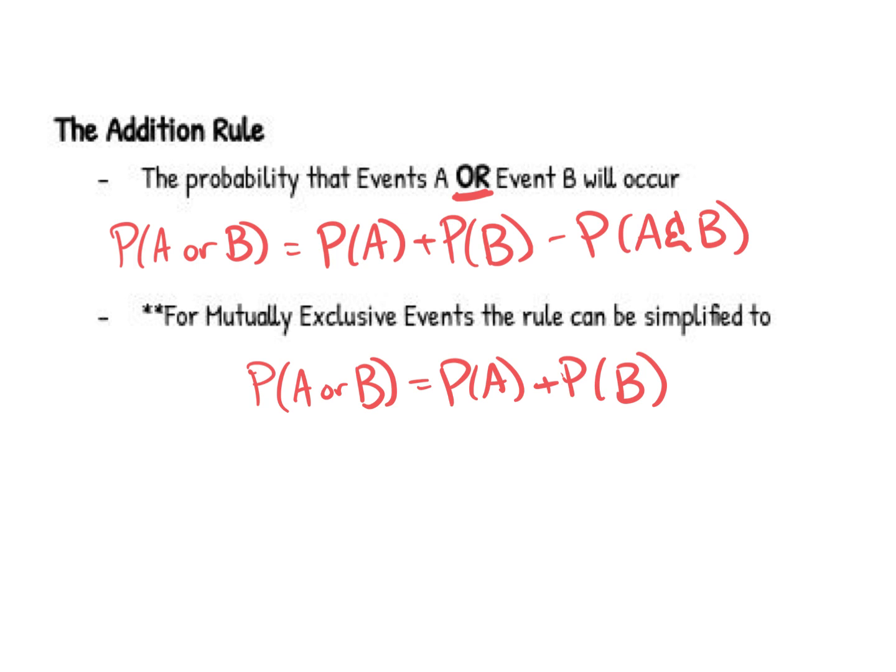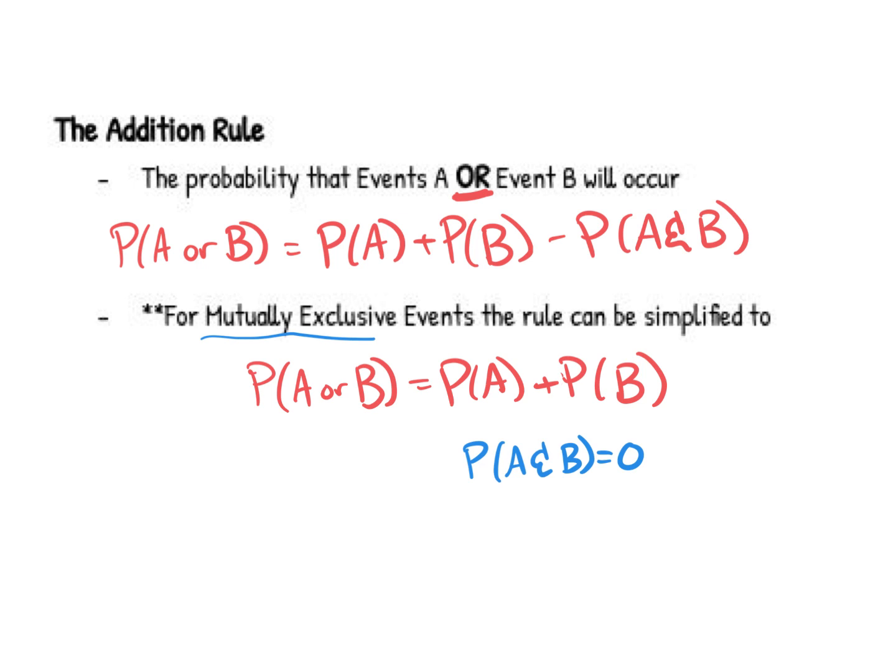The probability of A or B equals the probability of A plus the probability of B minus the probability of A and B. Now, if your events are mutually exclusive, then the rule can be simplified to just the probability of A plus the probability of B. Because when they're mutually exclusive, they cannot occur at the same time, and so the probability of A and B equals 0.